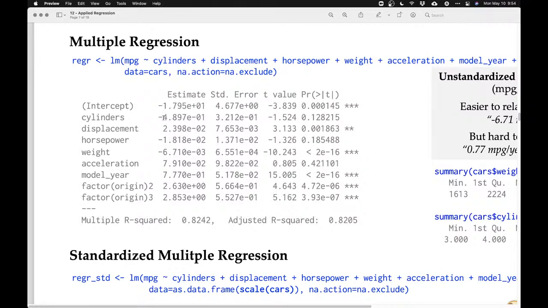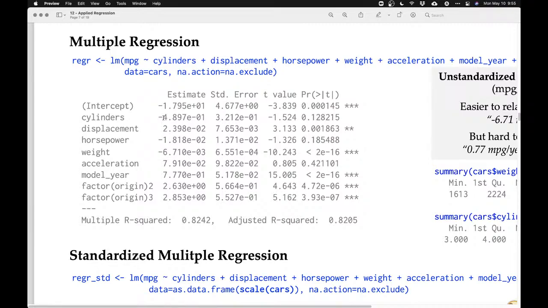Cylinders is minus 0.489. It's like 100 times bigger. Does that mean the number of cylinders you have is 100 times more important than the weight of the engine block or the car, whatever it is weighing? Probably not, but the coefficients don't tell you what the relative importance is between the different variables. So you cannot interpret coefficients like that.